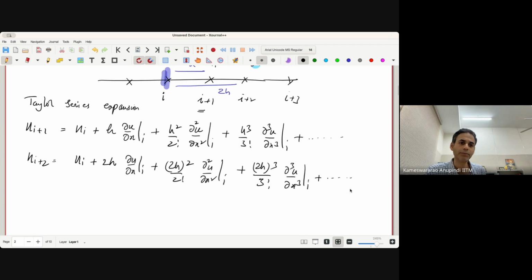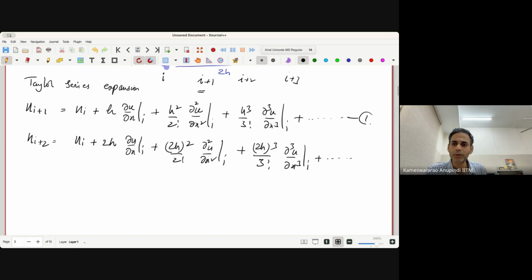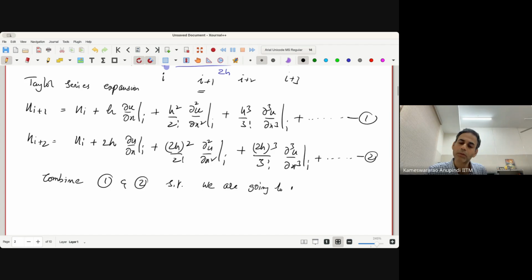That's what we have. Now I have two equations, first equation and second equation. I want to combine equations 1 and 2 such that we are going to get a formula for dou u by dou x at i to second order accuracy.